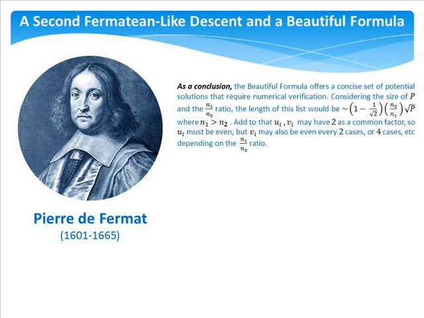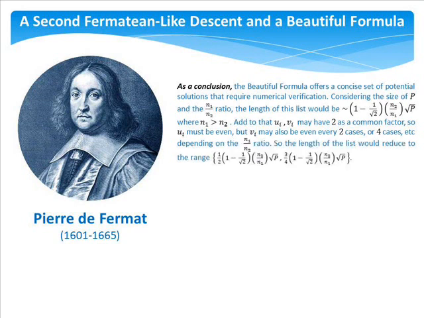Add to that u and v may have 2 as a common factor. So for the case u must be even, but v may also be even every 2 cases, 4 cases, etc., depending on the n sub 1 over n sub 2 ratio. So the length of this list will reduce to the range half to 3/4 of that previous value.